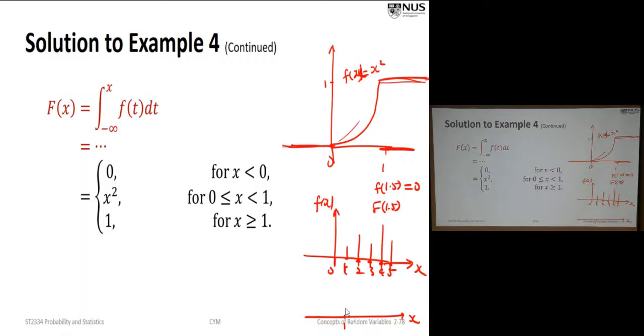Up to 1, then jump, all right, of this height. Then once it reaches 2, it also has another jump. So it's a step function, which means that for any x value, I can tell you what is F of x. And they are not necessarily 0. Remember, it's cumulative.